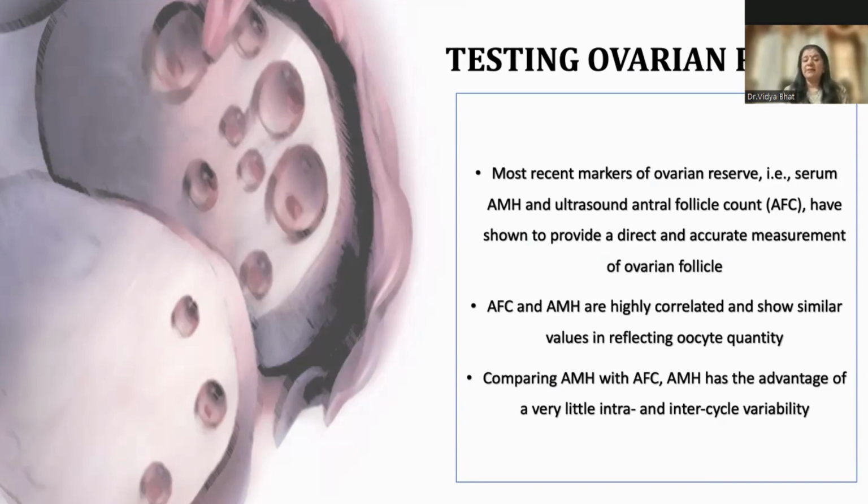AMH and AFC have the advantage of very little inter- and intracycle variability. Also the ovarian volume: when you do a transvaginal scan and you see that the ovarian volume is down, you can think that it is diminished ovarian reserve.